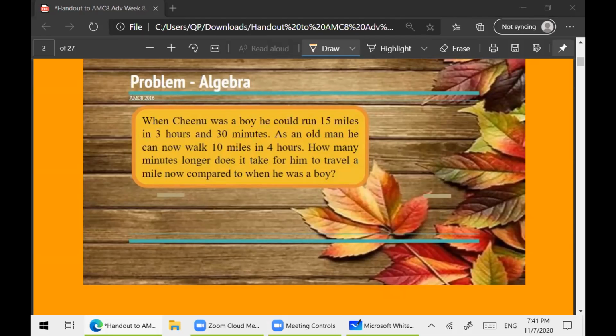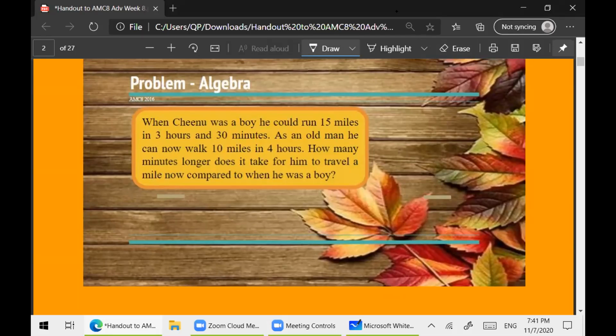All right. So 15 miles. Okay, step one. 15 miles in 3 hours and 30 minutes. Okay. So 3 hours and 30 minutes is 3 times 60 plus 30 is 210 minutes.